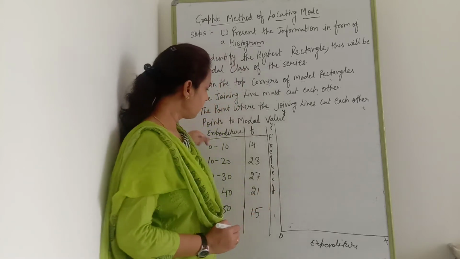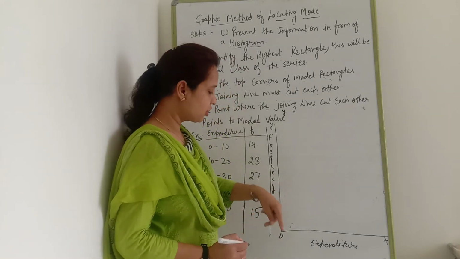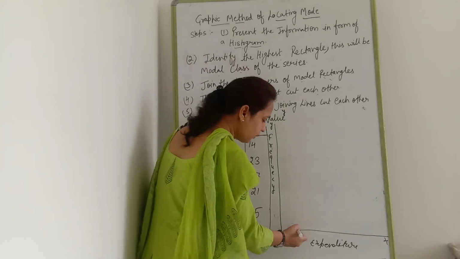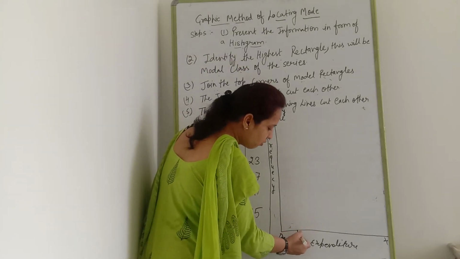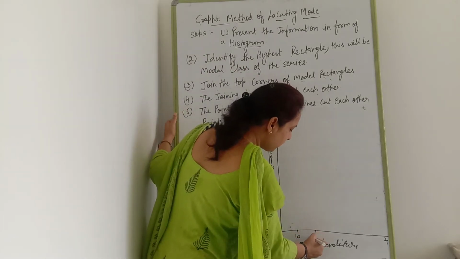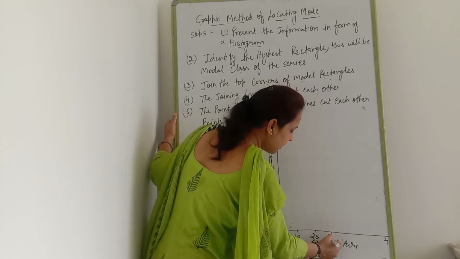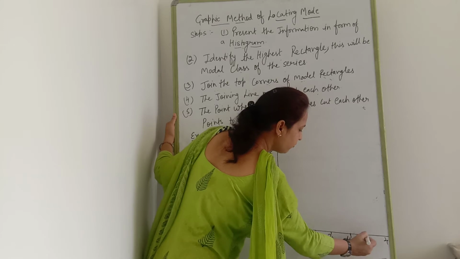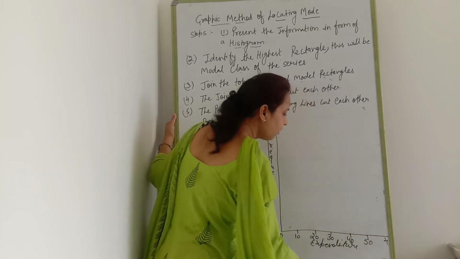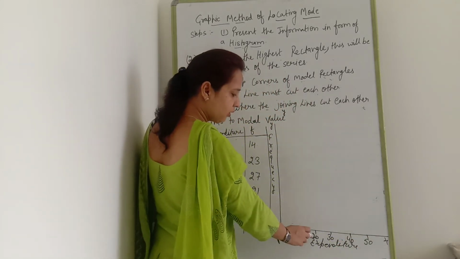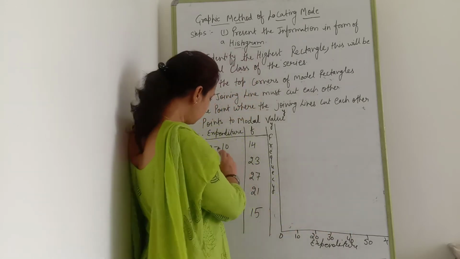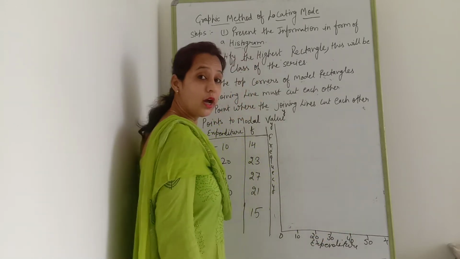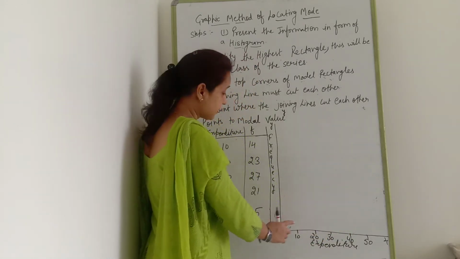Here we can take a 10-10 difference on the X axis because it is already given with a 10-10 difference. 0, 10, 20, 30, 40 and 50. Clear? 0, 10, 20, 30, 40, 50 expenditure we have taken on the X axis.